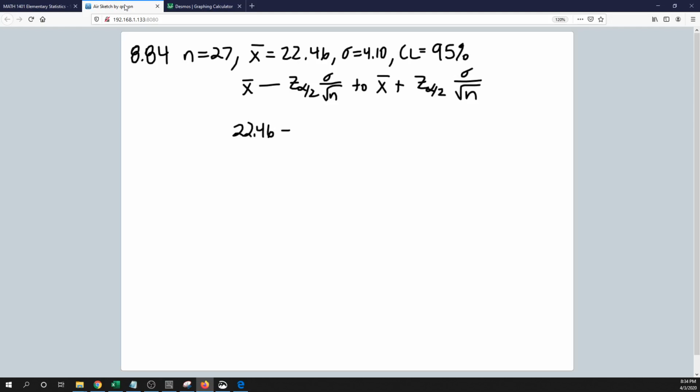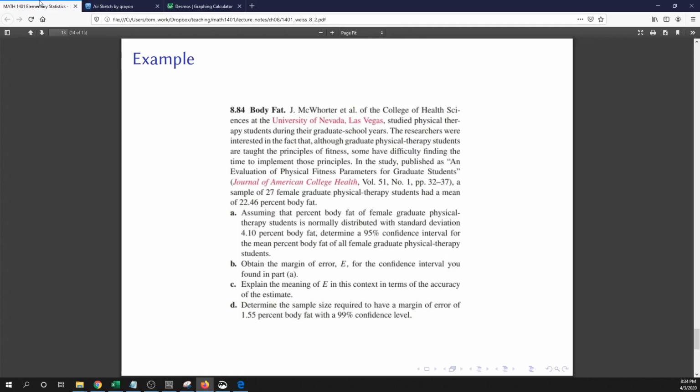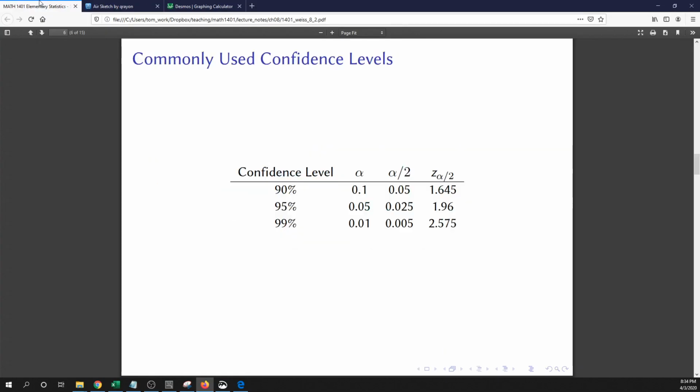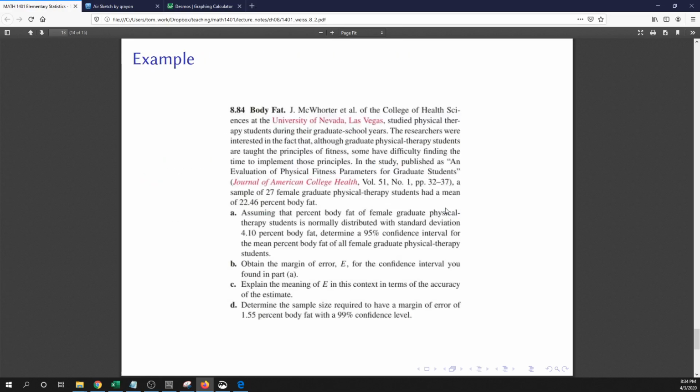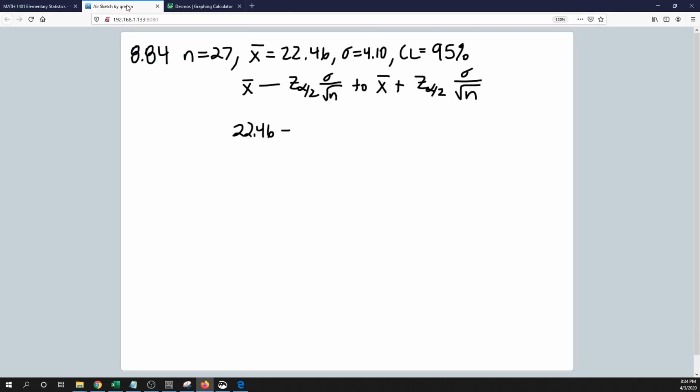Z of alpha over 2: we have a 95% confidence interval, so we can look that up, and that is 1.96. Sigma is 4.10, divided by the square root of the sample size, which is 27.